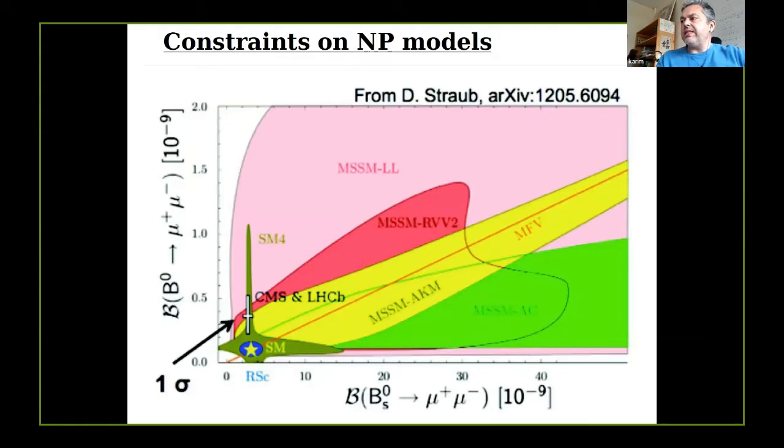And one more time, the last step is to use this information as a constraint on different new physics models, especially in the case where the measurement is close to the standard model. Then, if you're not completely killing the new physics model, at least you reduce its parameter space significantly.